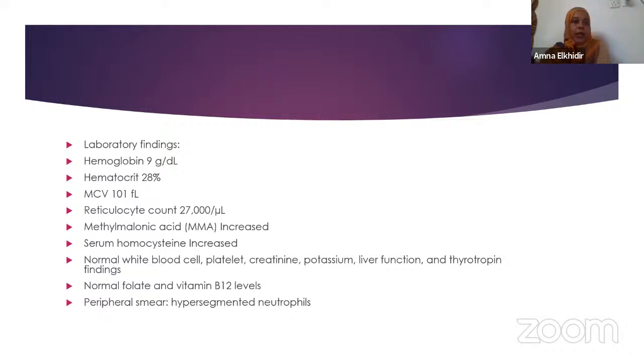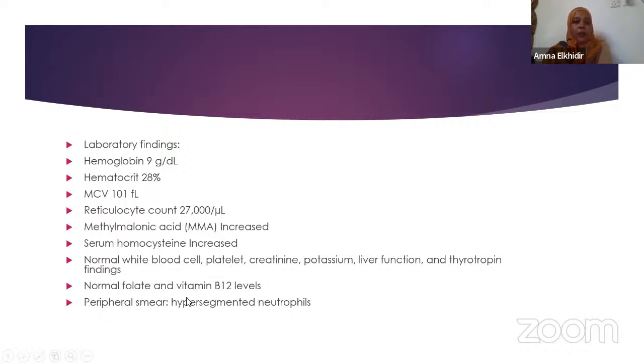Laboratory findings show decreased hemoglobin level, hematocrit of 28, high MCV, which is 100, reticulocyte count 27,000, methylmalonic acid increased, serum homocysteine increased, normal white blood cell, platelet, creatinine, potassium, liver function, and thyrotropin findings, and normal folate and B12 levels.